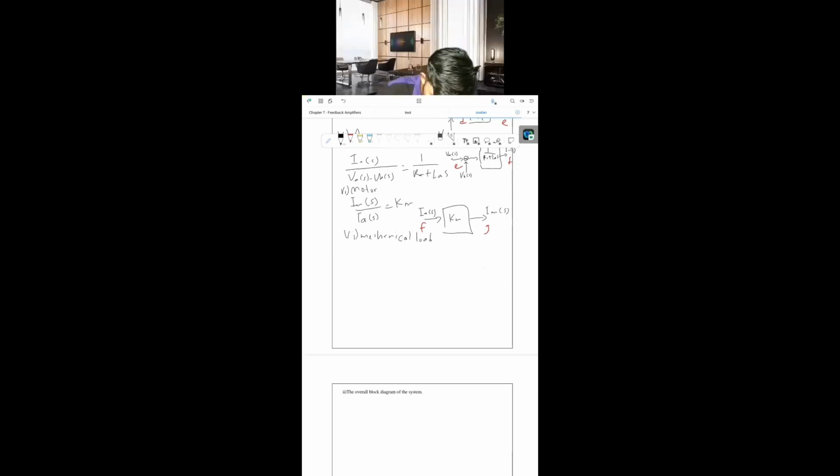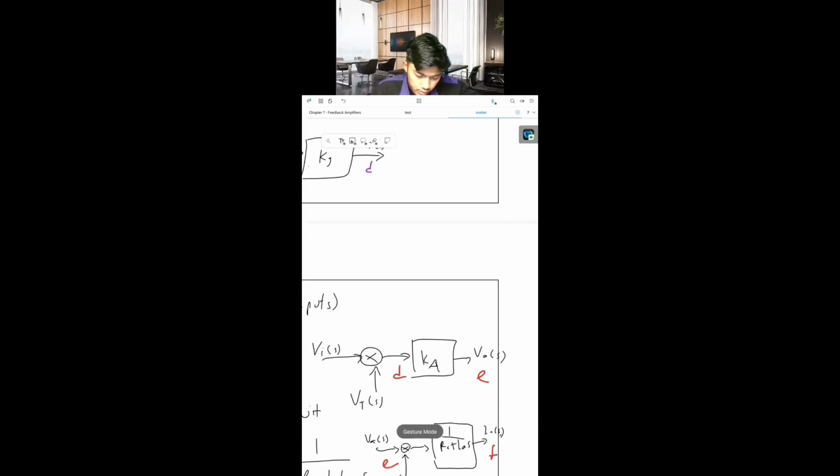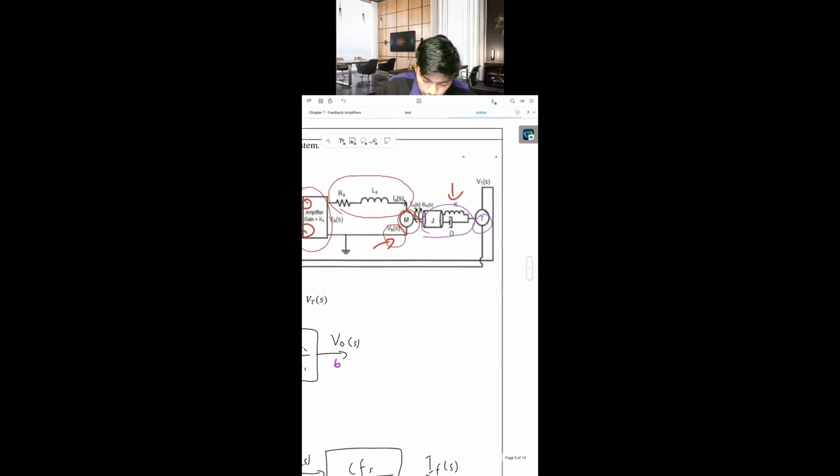The function for the mechanical load is delta_M(s) over T_M(s). We write down 1 over the inertia J, spring and damper, so we convert the Laplace transform into the s domain.